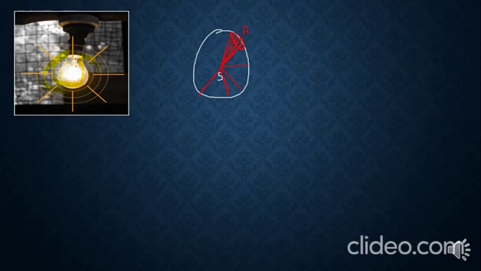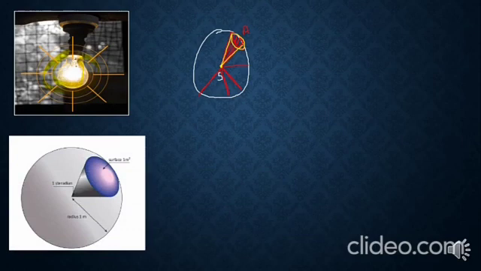So at one point, from the center of the sphere, this is my center, you can find a cone shaped region. Can you see? You can find a cone shaped region in the sphere. This is the same image which we saw earlier, this is what I have drawn now.